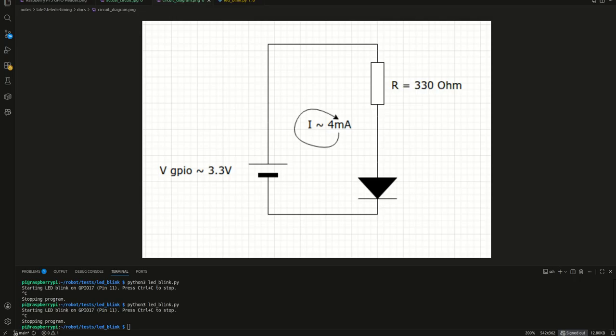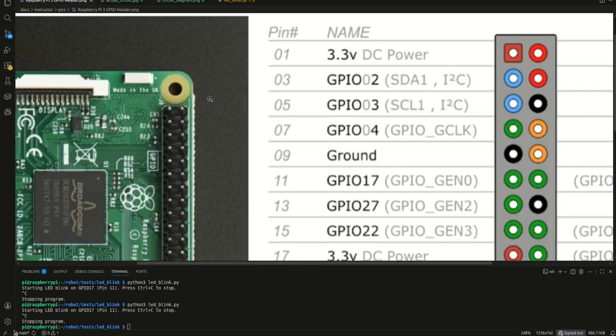Each output pin is driven internally by a small transistor. In our case it is this one, pin number 11.